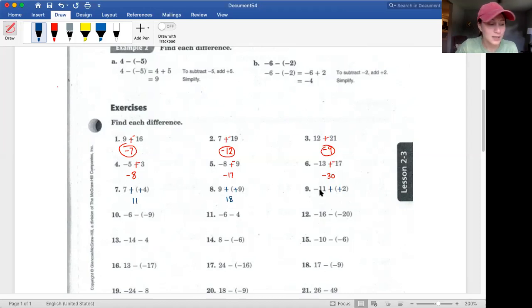And then negative 11 plus 2 is negative 9. So I'm going to subtract the 2 and keep the sign of the bigger number. The bigger number here in absolute value is 11, and it's negative, so I'm going to keep the negative in my answer.